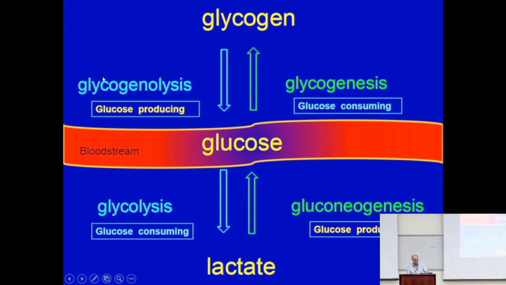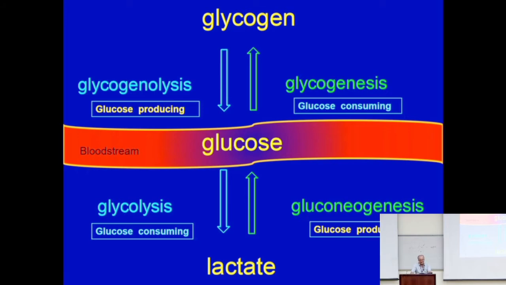If you break down glycogen, you produce glucose, you release it into the bloodstream, and it restores the blood level of glucose. Glycogenolysis, or glycogen degradation, is a glucose-producing pathway.